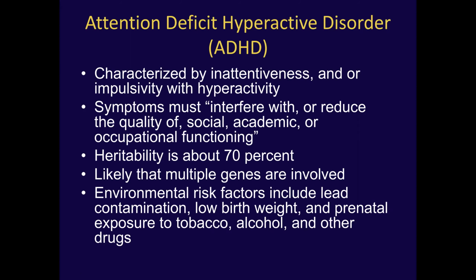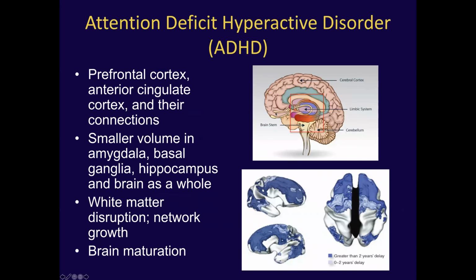So what do we see, on average, in the brains of individuals with ADHD? Let's focus first on the frontal lobes, the prefrontal cortex. There's been some evidence to show that the frontal lobes don't function as they do in typically developing children.